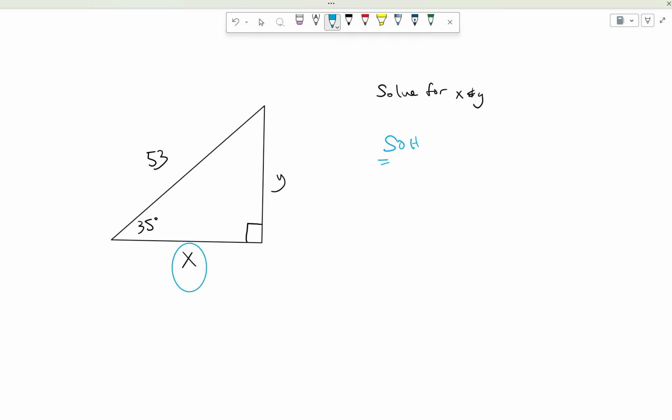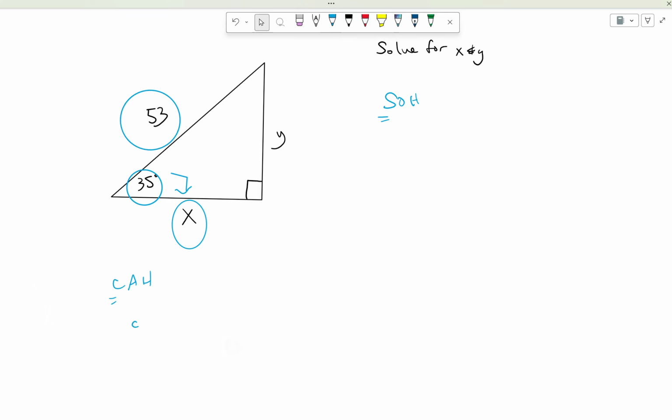So if I have x, actually, x isn't going to be so, x is going to be ka, right? It's the adjacent right here and the hypotenuse, 53. So it means that the cosine of 35, from the angle, is equal to the adjacent side x over 53.